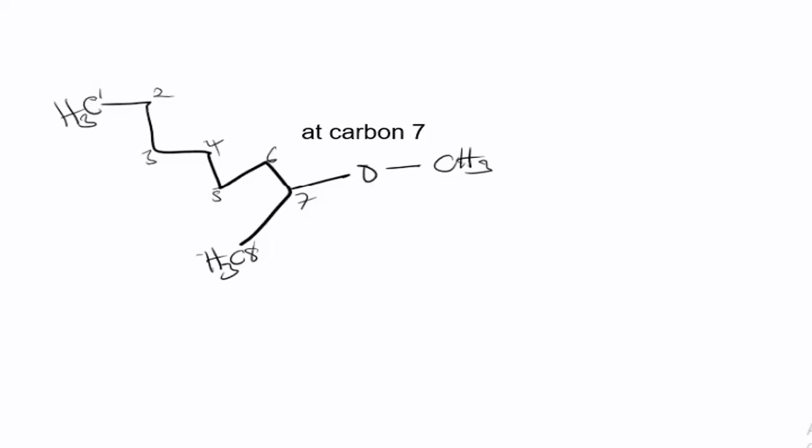you will notice that the alkoxy group will be at carbon 7. So what if I start at 1, 2, 3, 4, 5, 6, 7, 8. So you notice that the alkoxy group is at carbon 2. Now it's at the lowest possible position here.